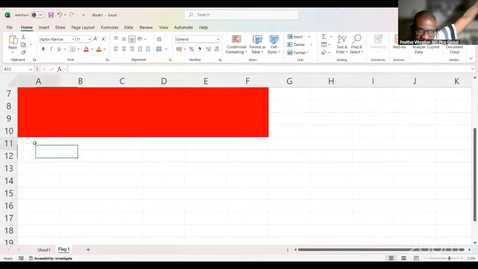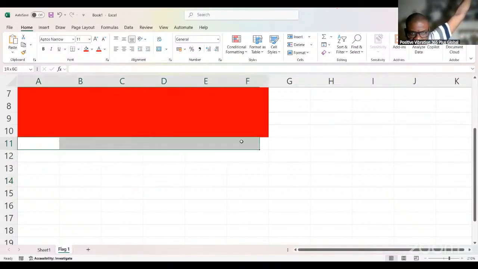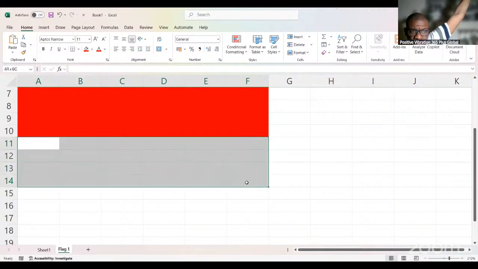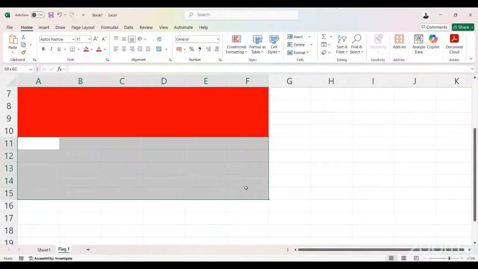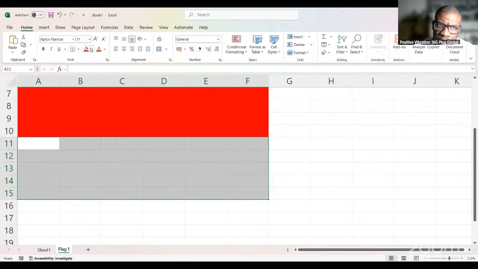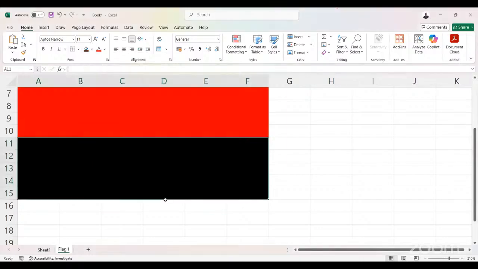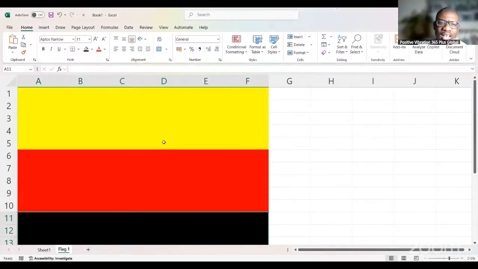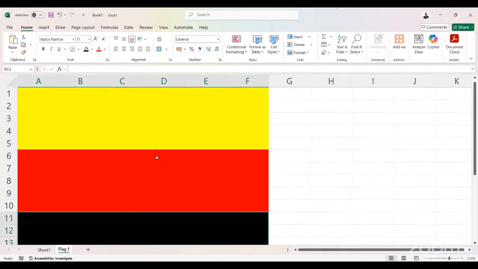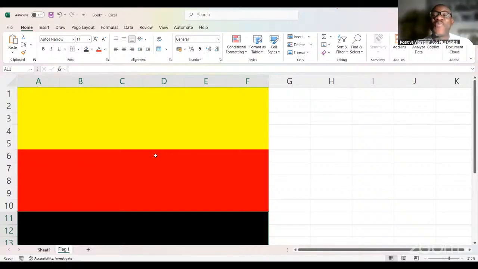So we start at A11, go across to F, down to where? Where should we stop? What number? 15. Fabulous. What color should it be? Black. Fabulous. All right. Then, I wonder if you know which flag this is. Germany. Yes, Germany, but upside down. Well, Germany is still upside down. All right, cool. So that's how we do the first one.